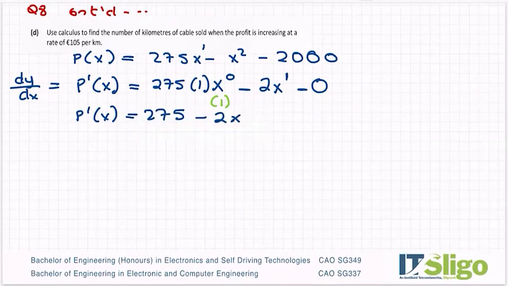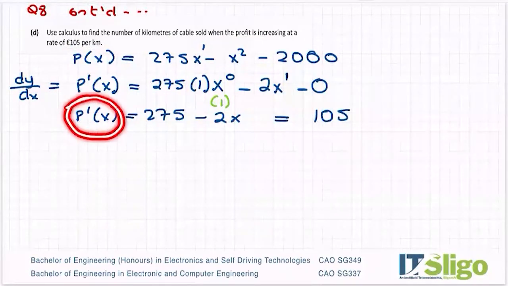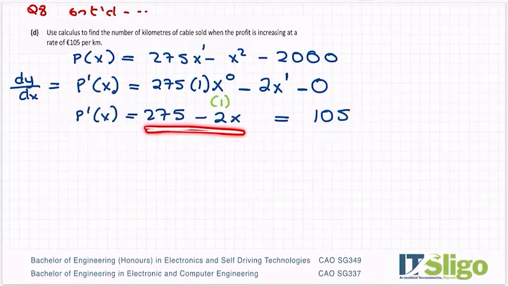So it's saying how many kilometers of cable is sold when the profit is increasing at a rate of 105. So therefore, it's telling me this rate of change of profit is 105. So therefore, I'm letting what I differentiated equal to this rate of change. And what I'm going to do now is solve it for x.